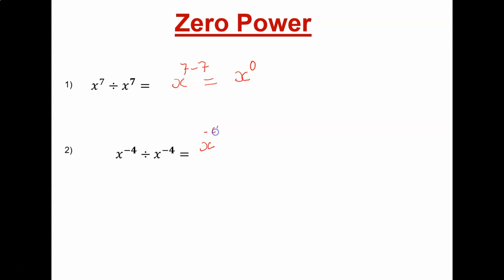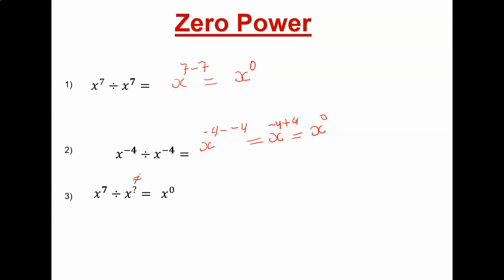That gives you x, minus 4 minus minus 4. Two minuses. And that gives you x power of minus 4 plus 4. And finally you get x power of 0. Okay? Last one. x power of 7 divided by x power of question mark, you got 0. You see 7 and 7, so the question mark must be 7.